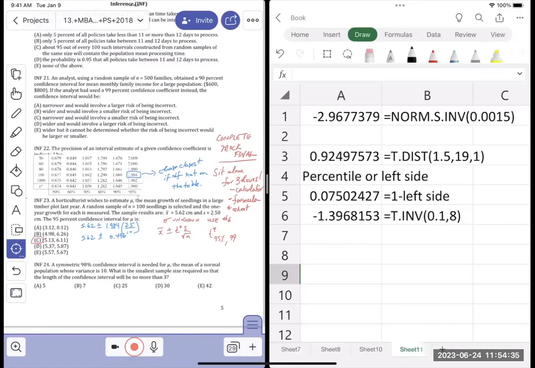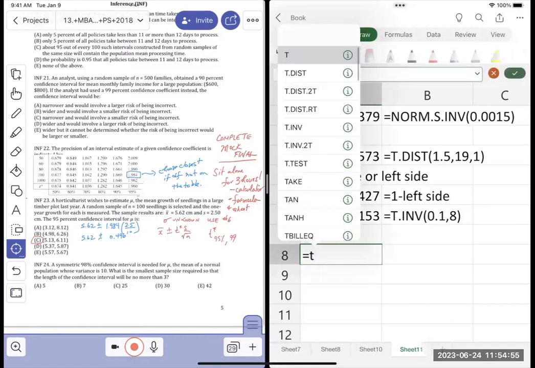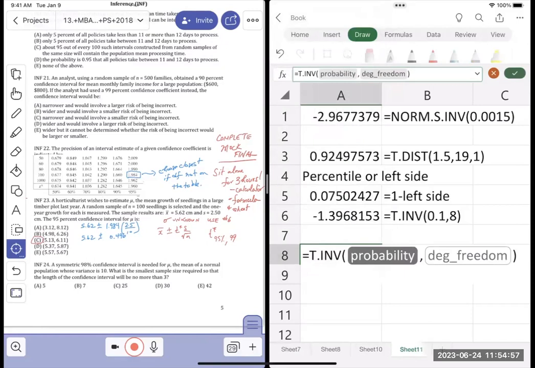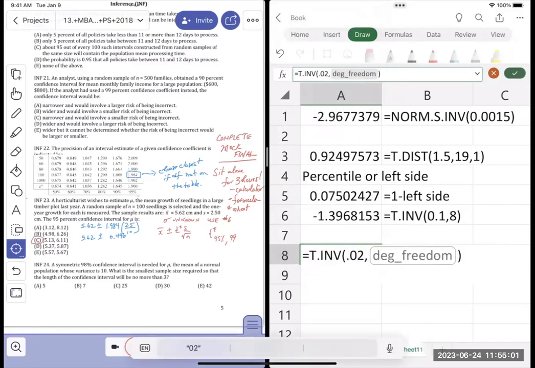So in Excel, we want to find the right t value for 95% confidence. So 95% means 2.5 on each side, right? So we have to go equals t distribution inverse and put 2.5%, so 0.025 here, and degrees of freedom for us 99.